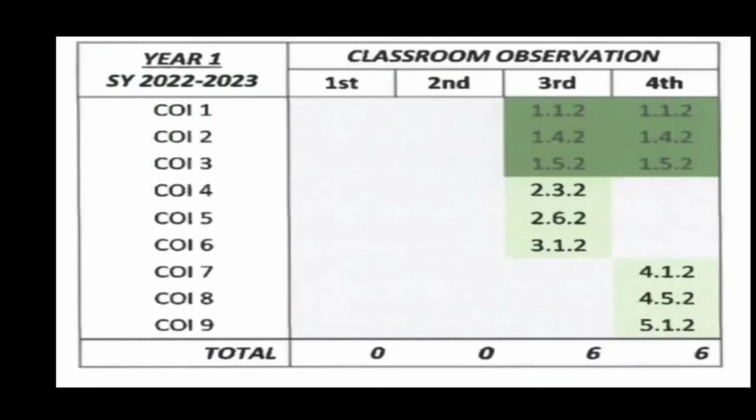For school year 2022-2023, only 2 classroom observations are required, which shall be conducted in the last 2 quarters, 1 for 3rd quarter and 1 for 4th quarter. Here are the schedule and distribution of the identified classroom observable indicators that shall be observed across quarters for Teacher 1 to Teacher 2 or the Proficient Teachers.